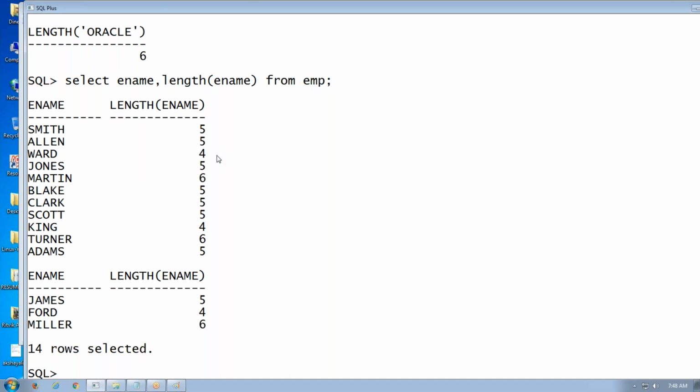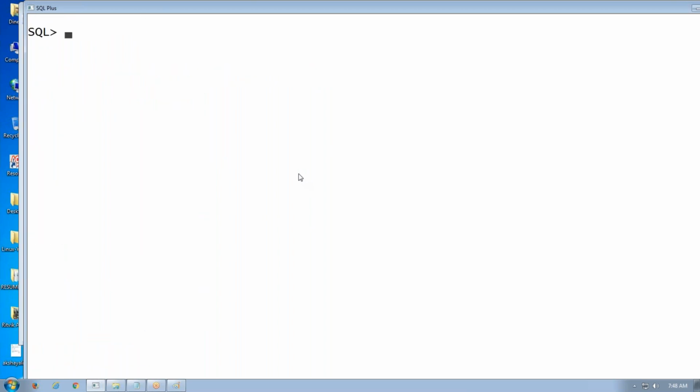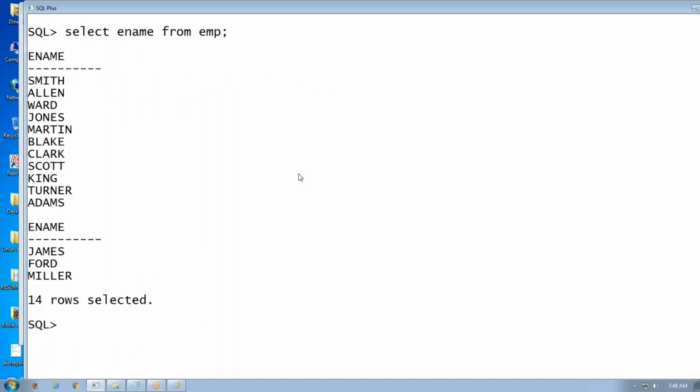Next one is how to convert column values into lowercase. Select ename from emp. These are employee names. Employee names are in which case?